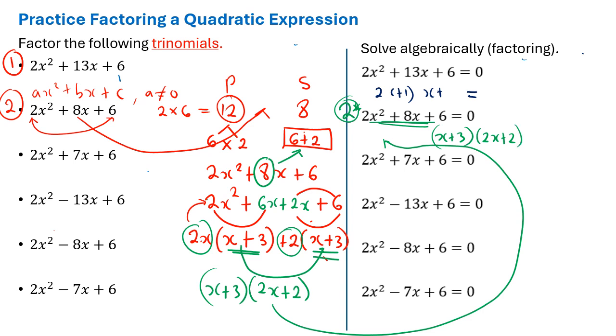Since the expression equals 0, I will also set this to 0. Now I'm going to use the zero product rule, because I know that if A times B equals 0, it means that either A is 0 or B is 0. That's what you call the zero product principle.